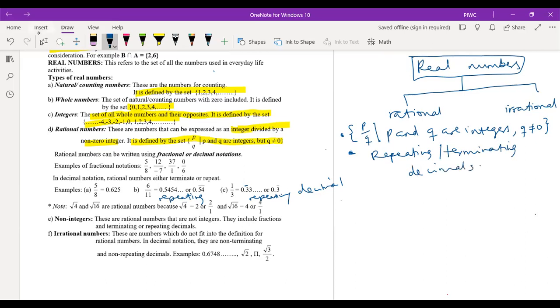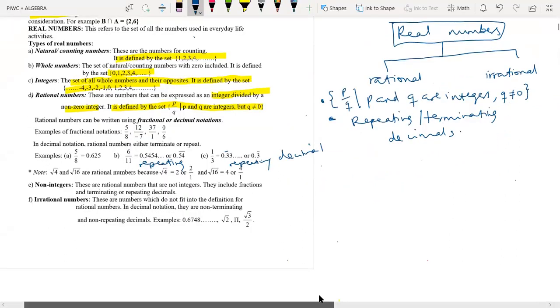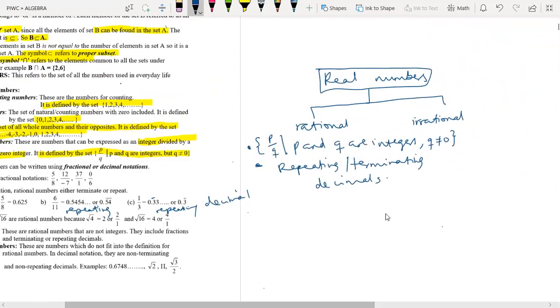Any other one that doesn't repeat or terminate, then we are dealing with an irrational number, right? So irrational numbers will be non-terminating, non-repeating decimals.